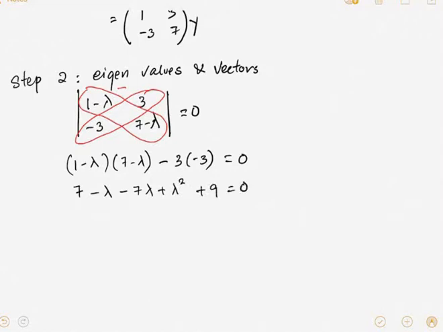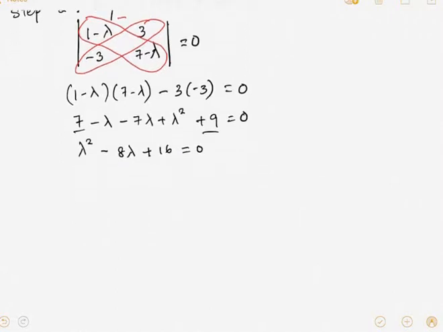Now you rearrange, you get lambda square minus 8 lambda plus 16 equal to 0. When you factorize it, you get lambda minus 4, lambda minus 4. So we have lambda equal to 4, and this one also lambda equal to 4.